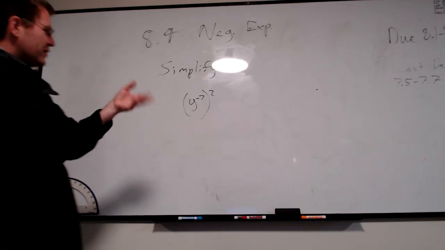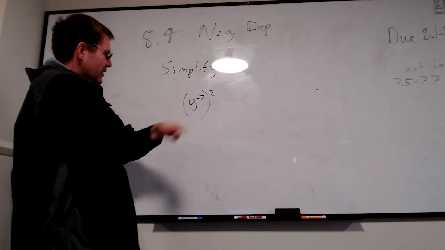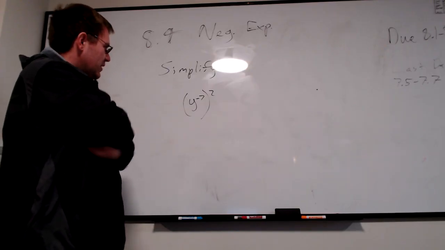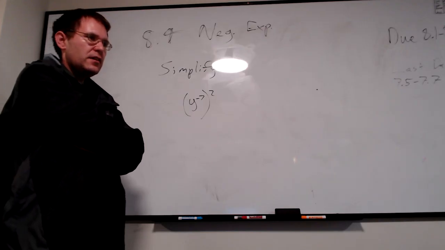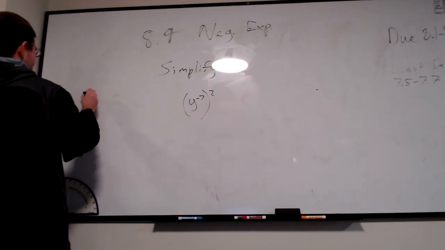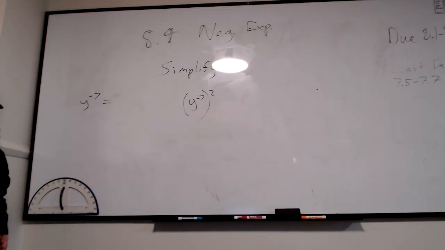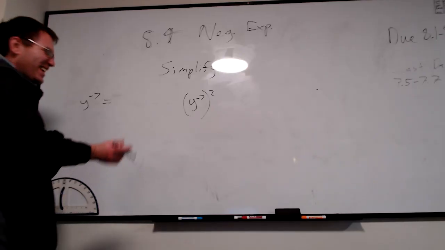So you do exponents first in a certain sense. Let's figure out what the part in the parentheses is effectively equal to. Y to the negative 7 equals y to the power of 7 with a 1 on top, so 1 over y to the 7.